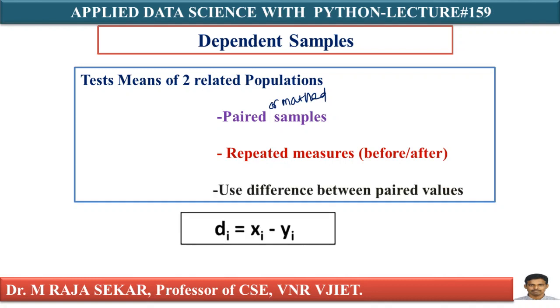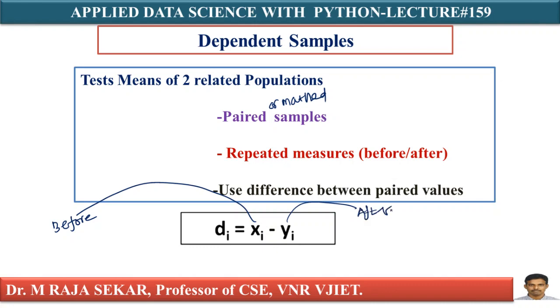Use the difference between paired values, that is di equal to xi minus yi. What is this xi? What is this yi? xi is before treatment. Yi is after treatment.